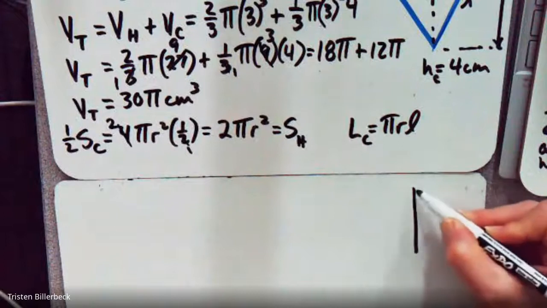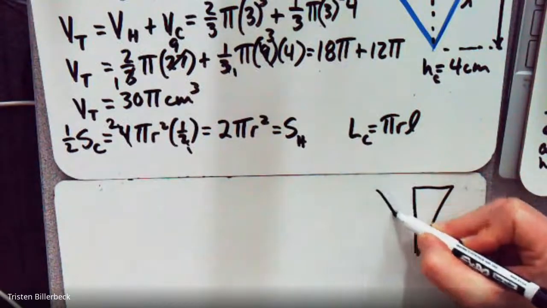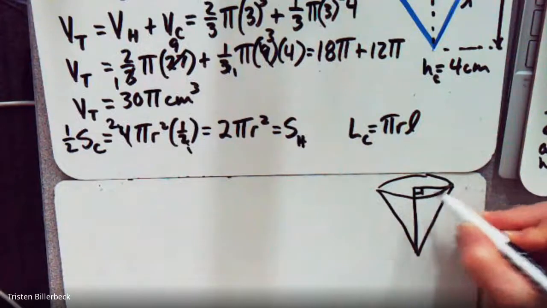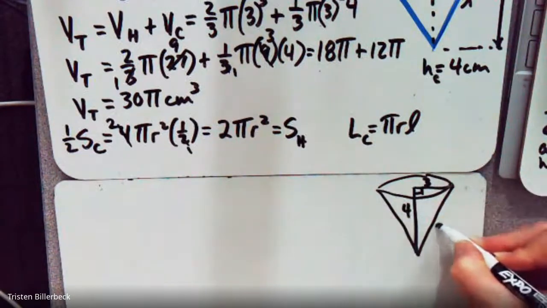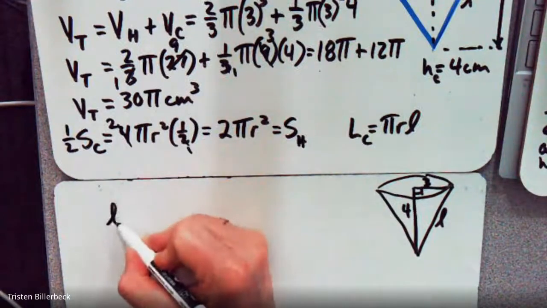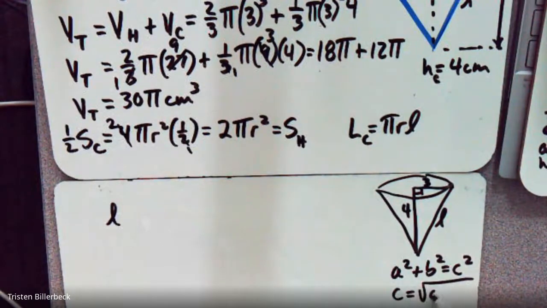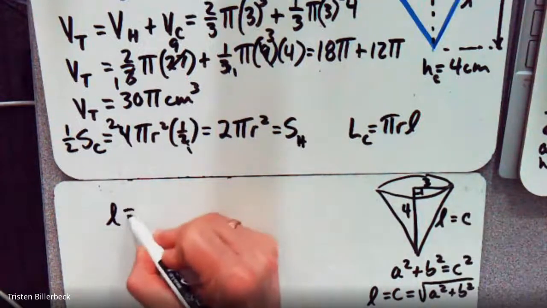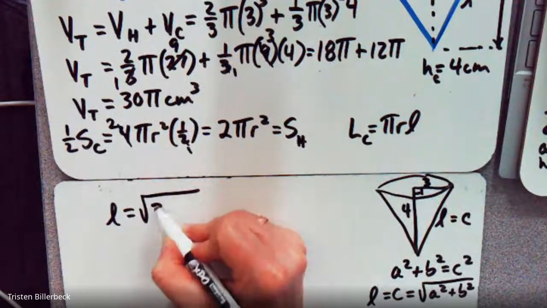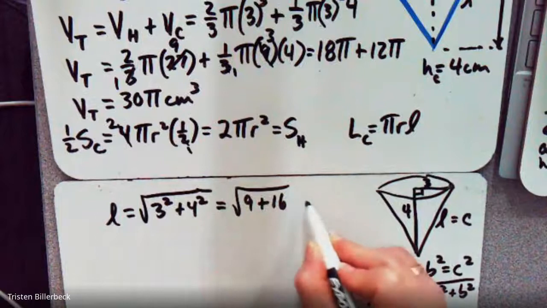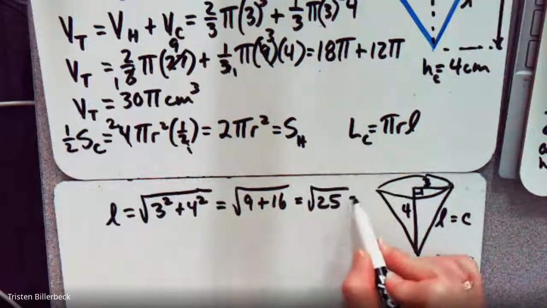Looking at this area of the cone, we have a right angle here, a 3, a 4, and we need that L. We can use the Pythagorean theorem, a squared plus b squared equals c squared, or c equals the square root of a squared plus b squared, where c is L. So L equals the square root of 3 squared plus 4 squared, which is 9 plus 16, the square root of 25, which is 5.